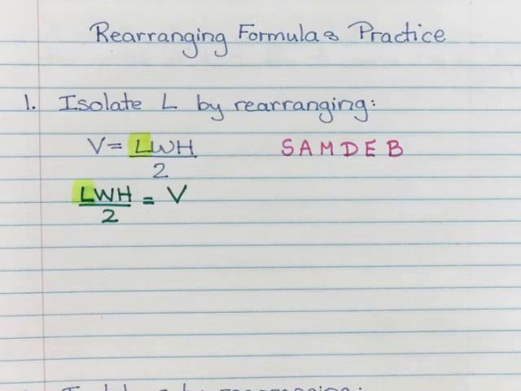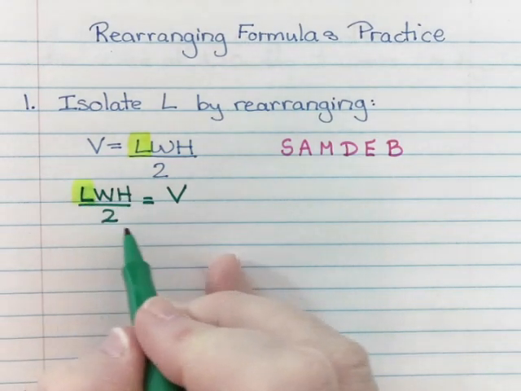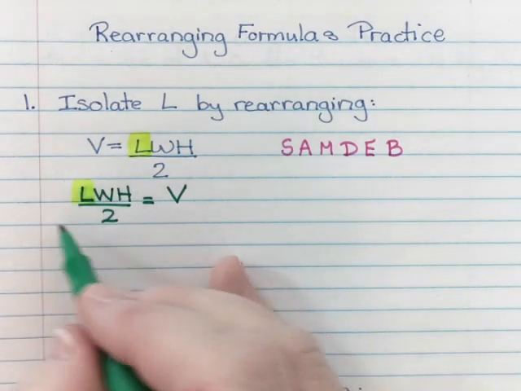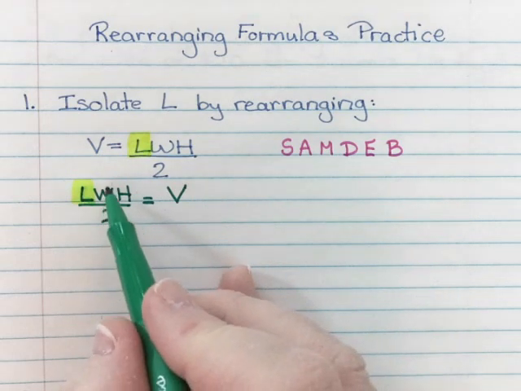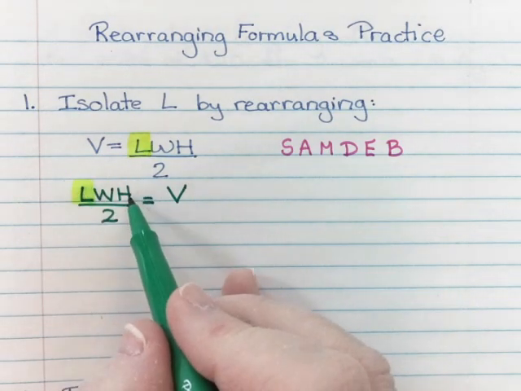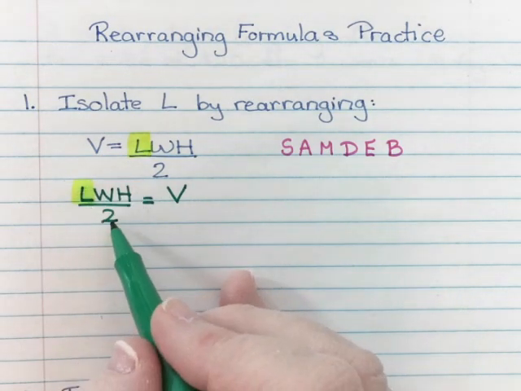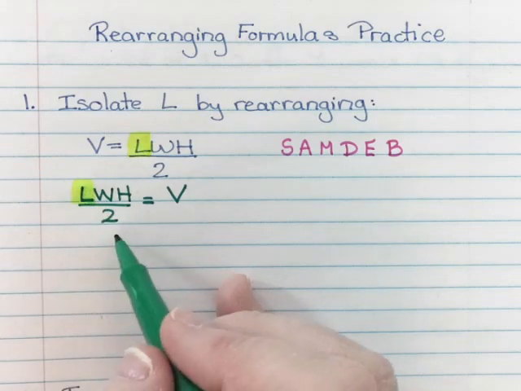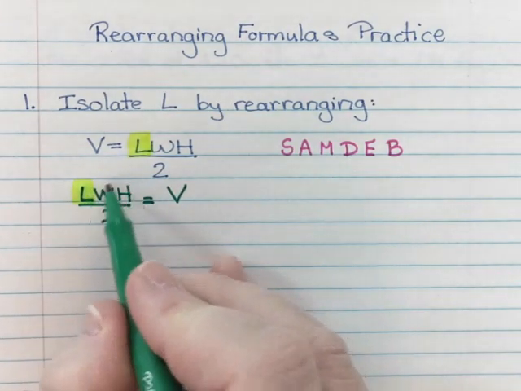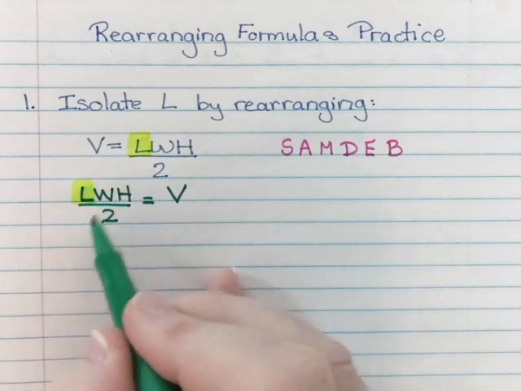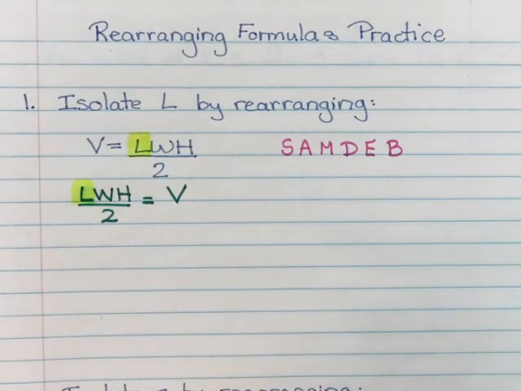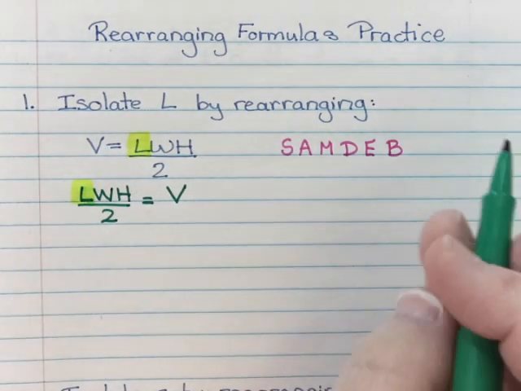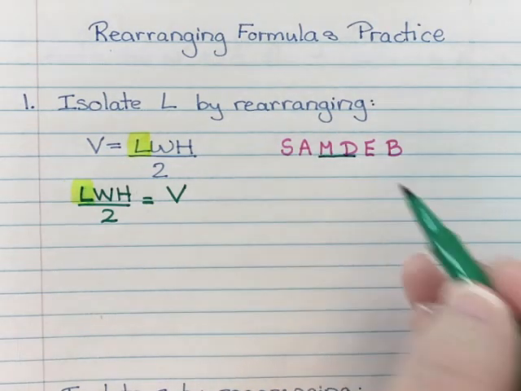So you want to ask yourself, how are all of these things interacting with L? W is being multiplied by L, H is being multiplied by L, and 2 is, we're dividing L by 2. So we've got two things that are being multiplied and one thing that's got some division there. Really, multiplication and division have the same priority.